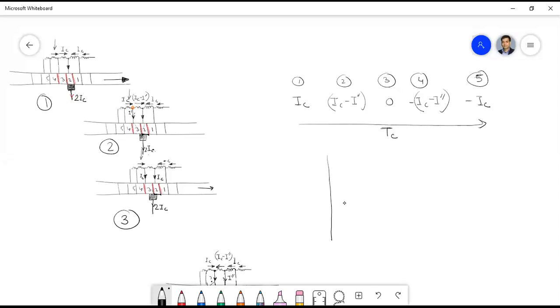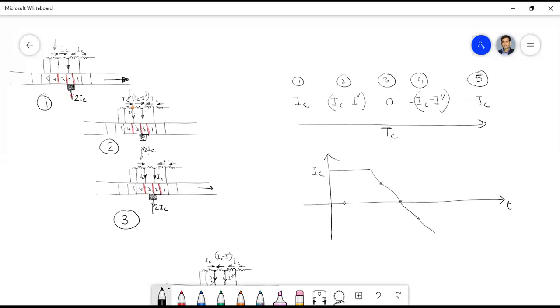And if I draw in a figure, suppose it was Ic initially, then at some instant it will be this value Ic minus I prime, and after that it will be 0. Then it will have some opposite value, Ic minus I double prime.